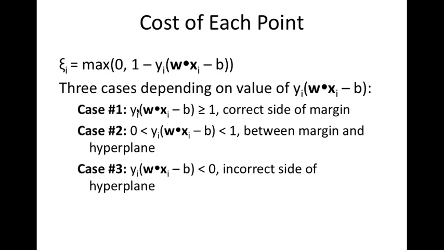If it's +1, this term is greater than or equal to 1, which means that we're on the correct side of the upper margin. Case 2, when this term is between 0 and 1, the point is between the margin and the hyperplane. Case 3, if this is 0, then it's on the incorrect side of the hyperplane entirely.